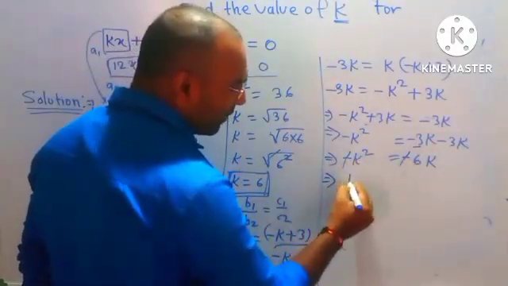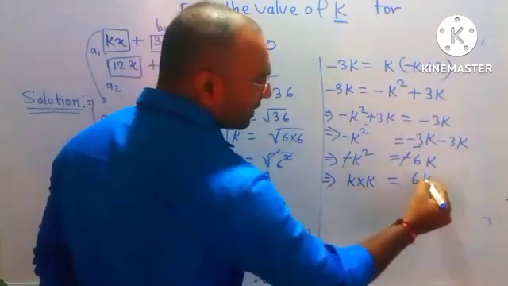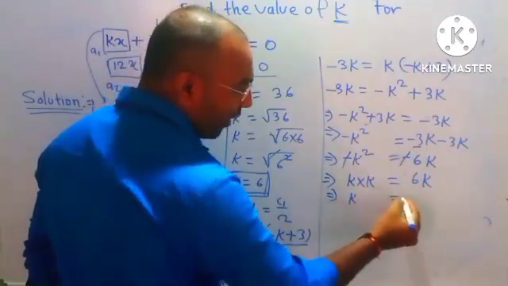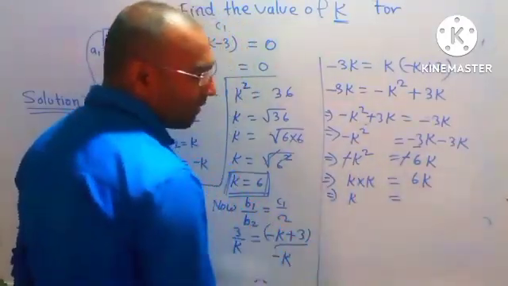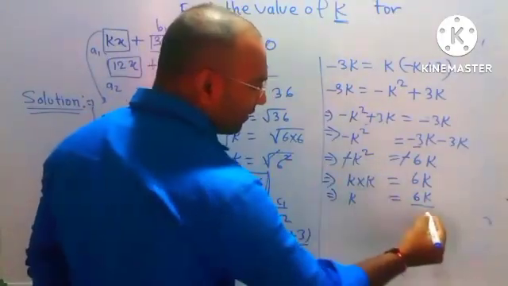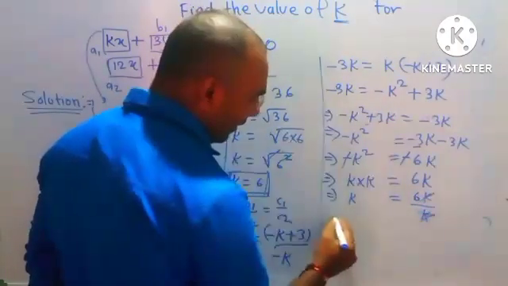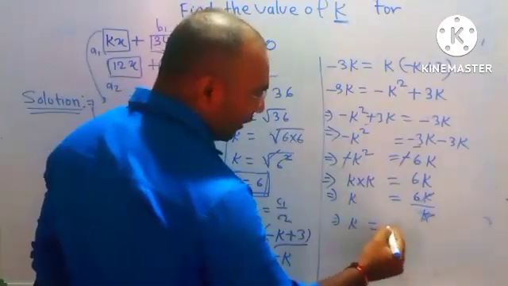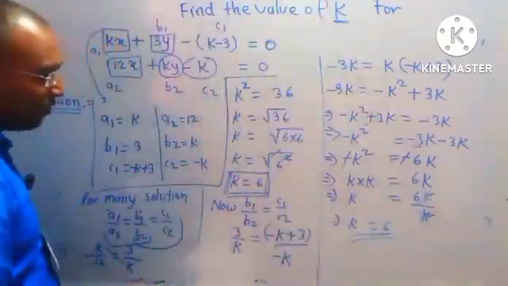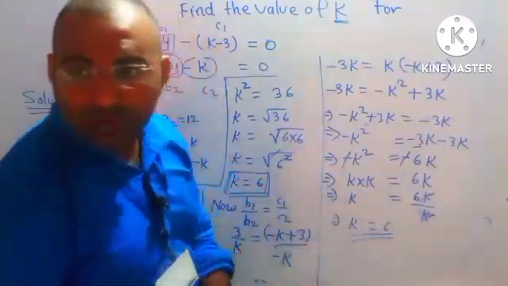Now k square can be written as k into k, is equal to 6k. Now one k will be transposed to the right hand side, so 6k divided by k. The k and k cancel. So k is equal to 6. Here also we got k is equal to 6, and earlier we also got k is equal to 6.